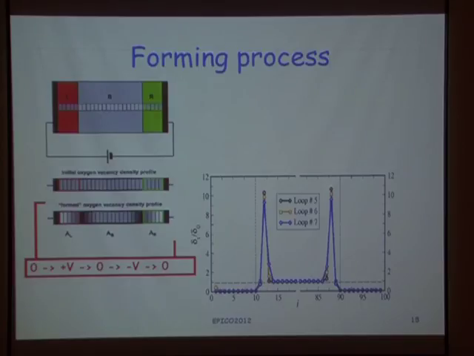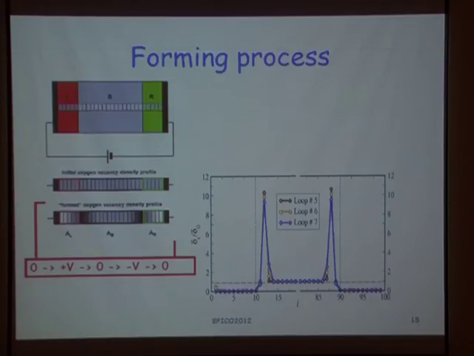So vacancies tend to accumulate. When you start to form the sample and apply voltages back and forth, vacancies tend to accumulate at the bulk side of the sample, close to the interface. In a way, this is how forming appears in our model. We start from this distribution of vacancies, and after this distribution has been reached, the samples start to switch.